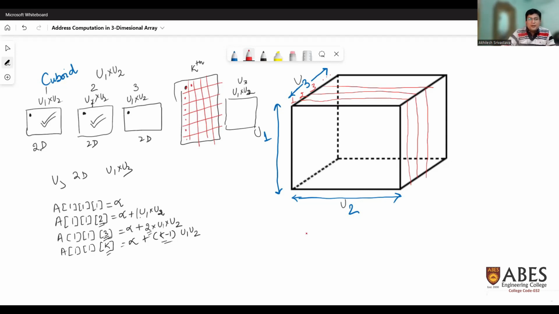In this way, if I assume this is the first row, second row, third row, fourth row, fifth row, and so on, and then the first column, second column, and third column, and so on, then there will be u2 different columns and u1 different rows.